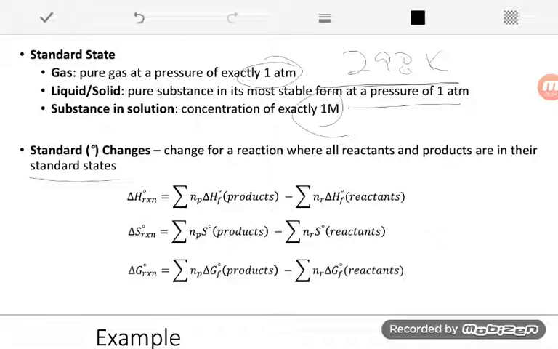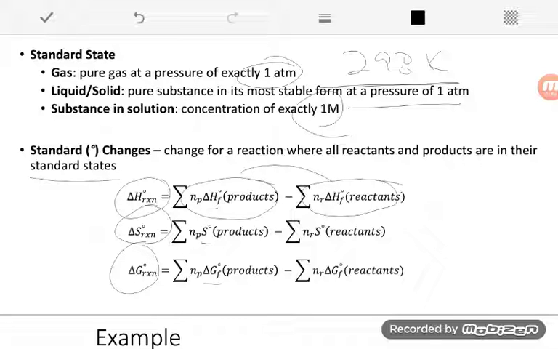And for the standard changes, all I do is I look up the standard enthalpy, entropy, or Gibbs free energy of each of my reactants and products, those individual molecules. I add them up for my products, I add them up for my reactants, and I subtract. And that's going to give me the delta H, delta S, or delta G for my overall reaction.